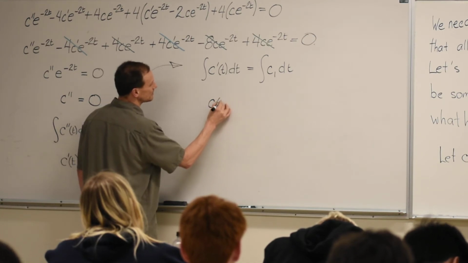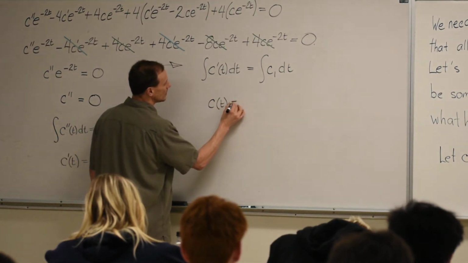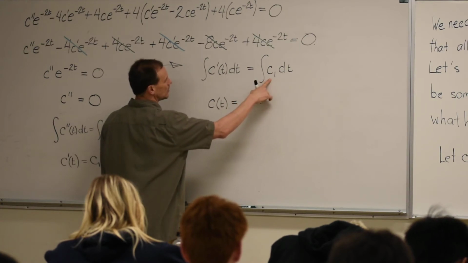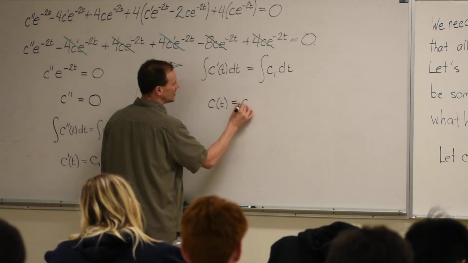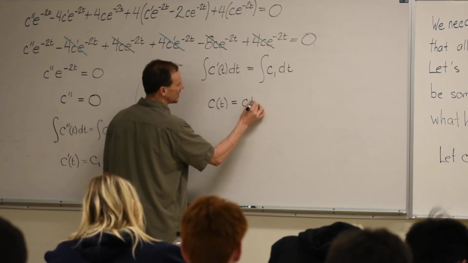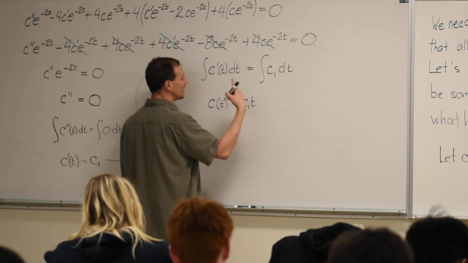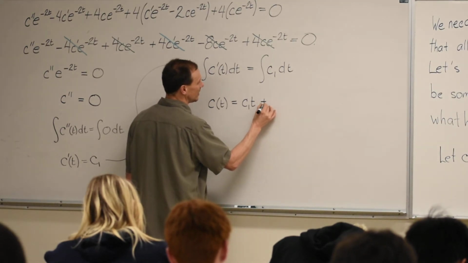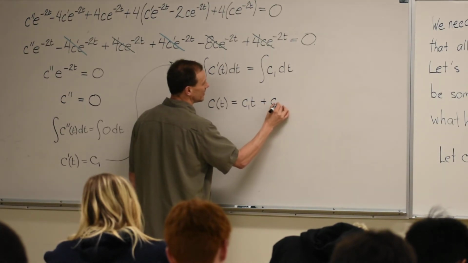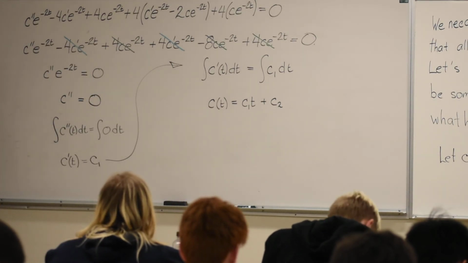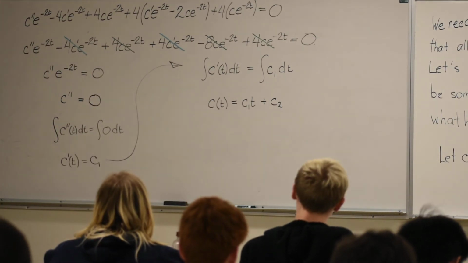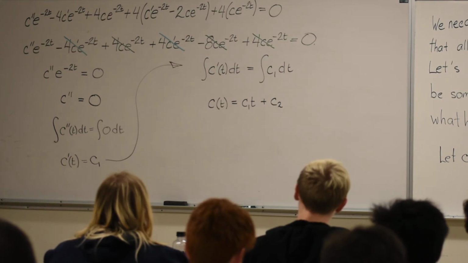C of t equals, well, the integral of C1, that's going to be C1 times a variable t, but this is an indefinite integral, so we need to add another constant. We'll call it C2. We're done. We did it.